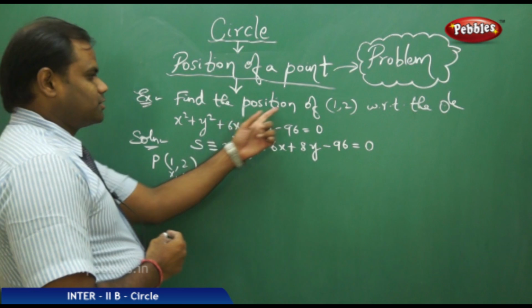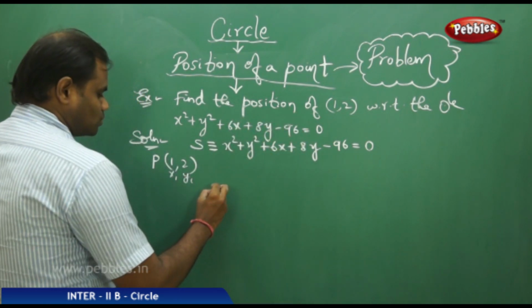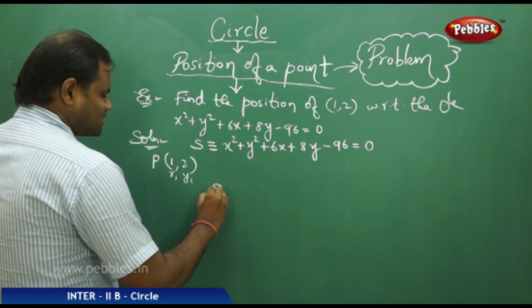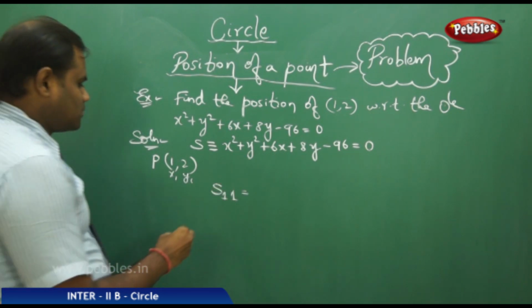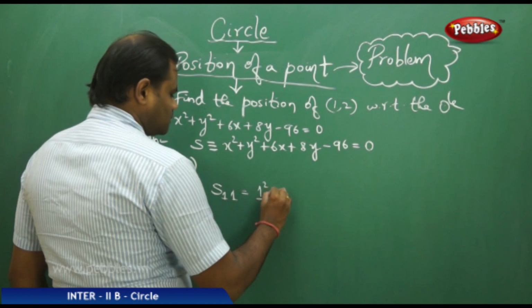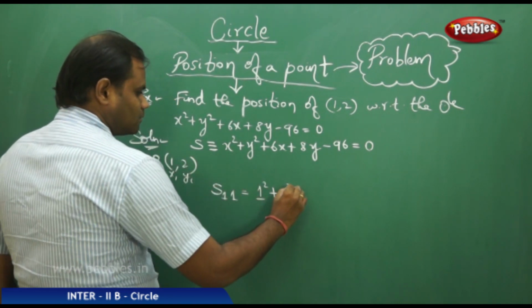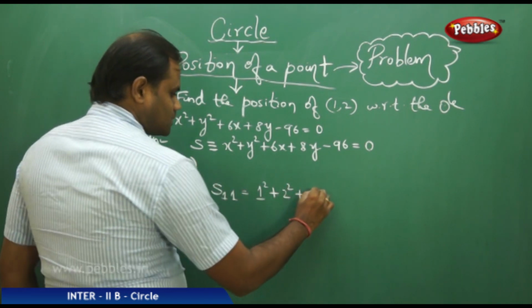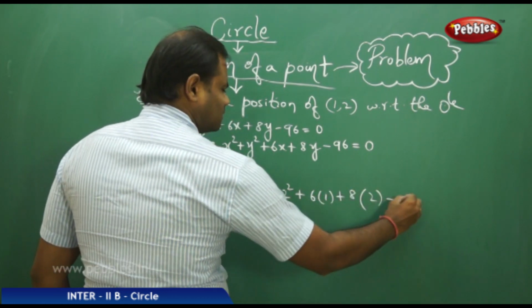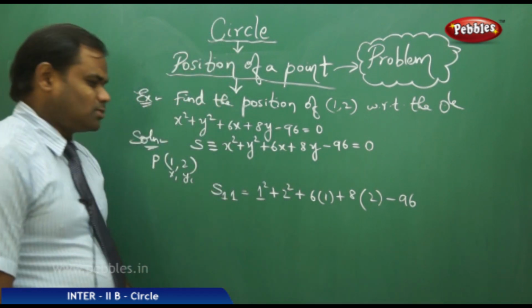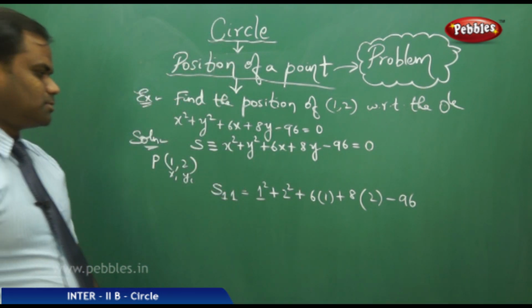Now for finding the position of the point (1, 2), let me find S11. We know that S11 is x1 squared plus y1 squared plus 6x1 plus 8y1 minus 96. So I need to find S11 by substituting here.